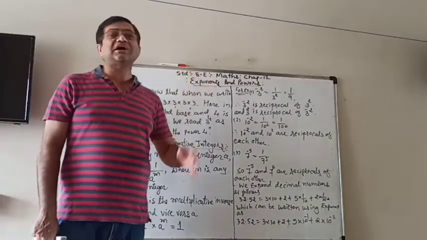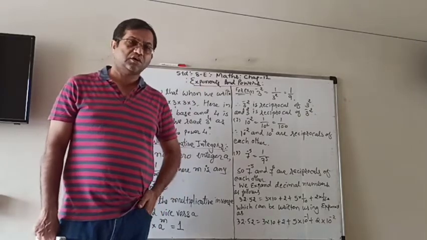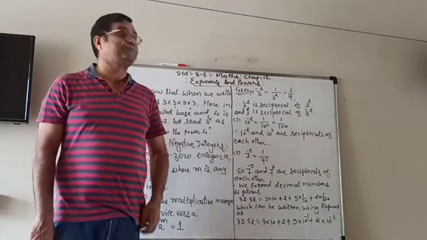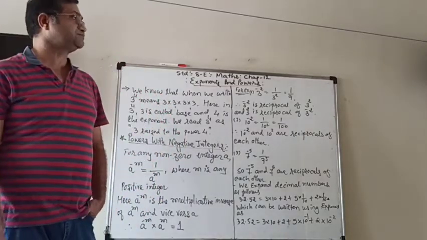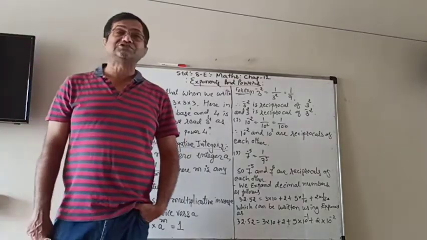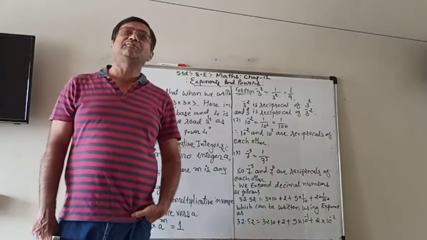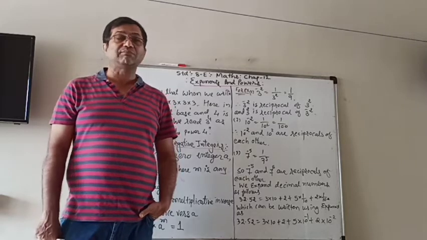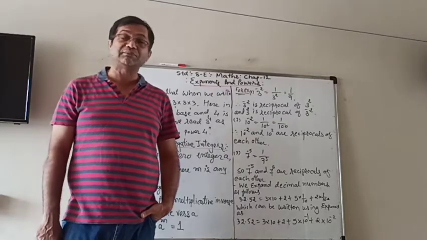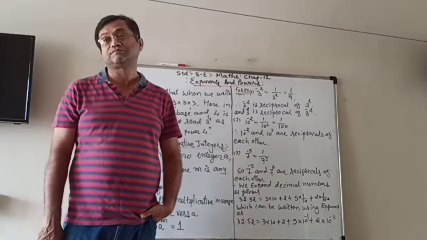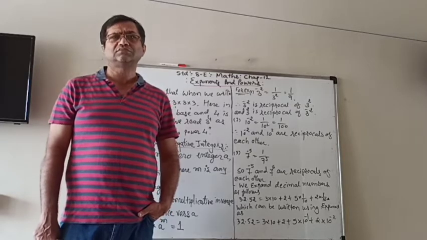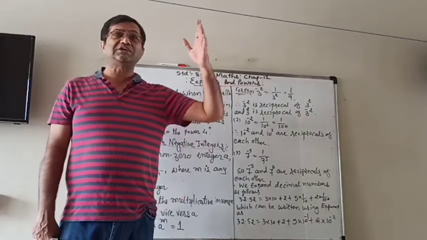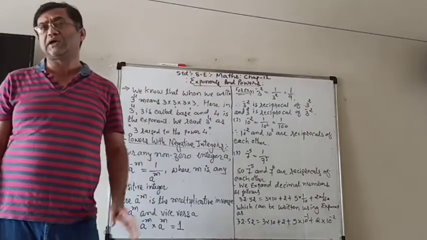Now in Standard 7, you learned about exponents and powers. We saw that there are very big numbers like the mass of Earth and the mass of Saturn, having 21 or 22 zeros at the end.